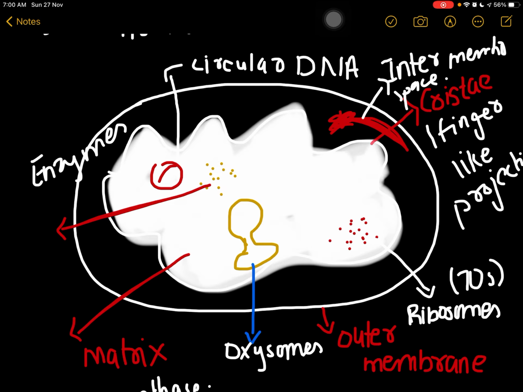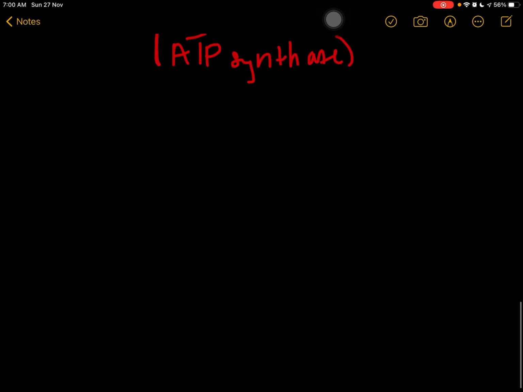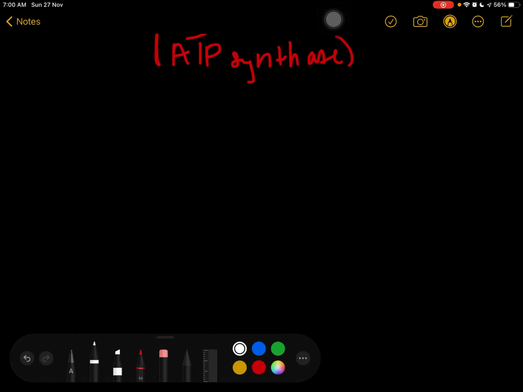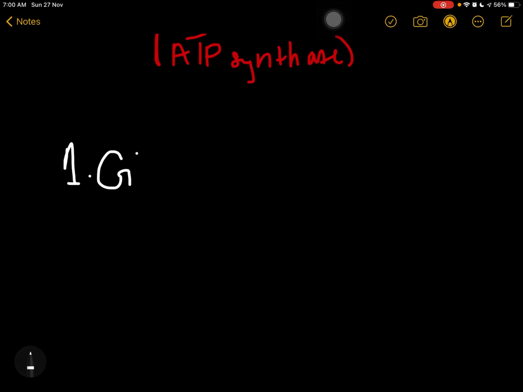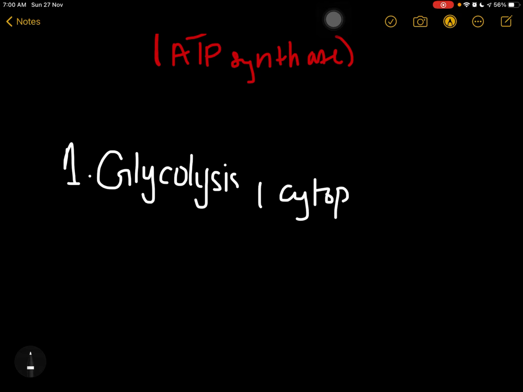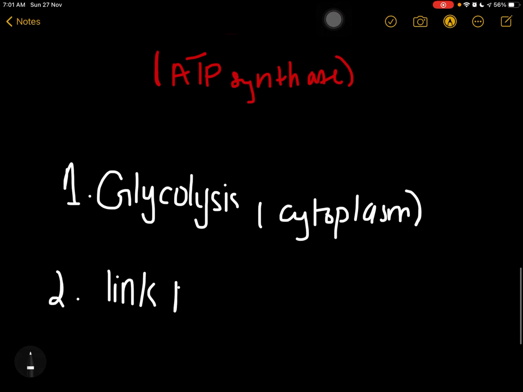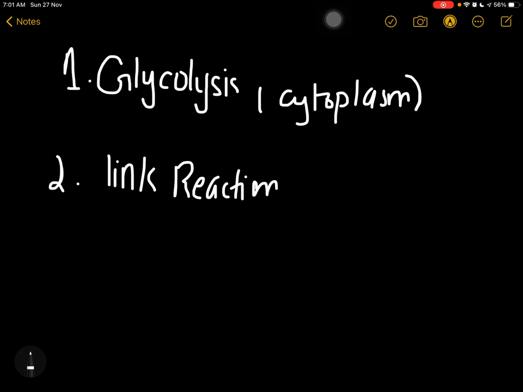Now let's discuss some reactions over here. First of all, in respiration the first step is glycolysis. It occurs in the cytoplasm, right? Second we are having the link reaction. In glycolysis, glucose is converted into pyruvate or pyruvic acid, right?